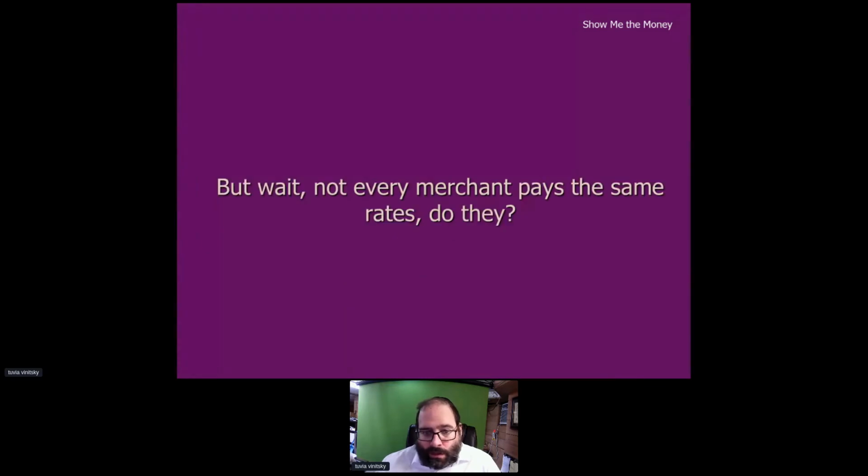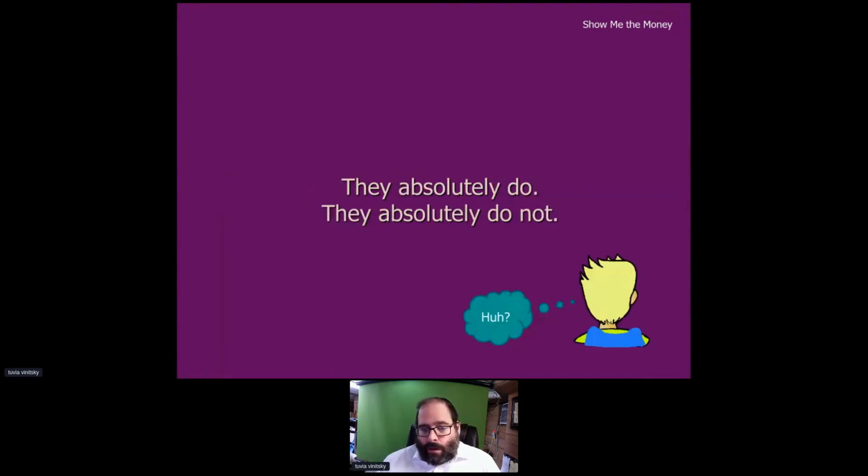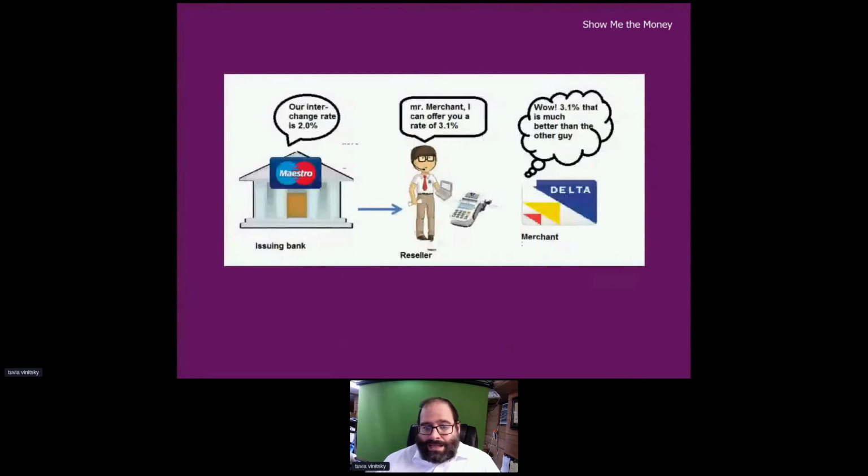Absolutely no difference. But wait, you say, not every merchant pays the same rate, do they? I may be paying 2.75%, and the office next to me may be paying 2.65%. Well, they absolutely all pay the same rate, except they don't. And that is, they all pay the same interchange fee.